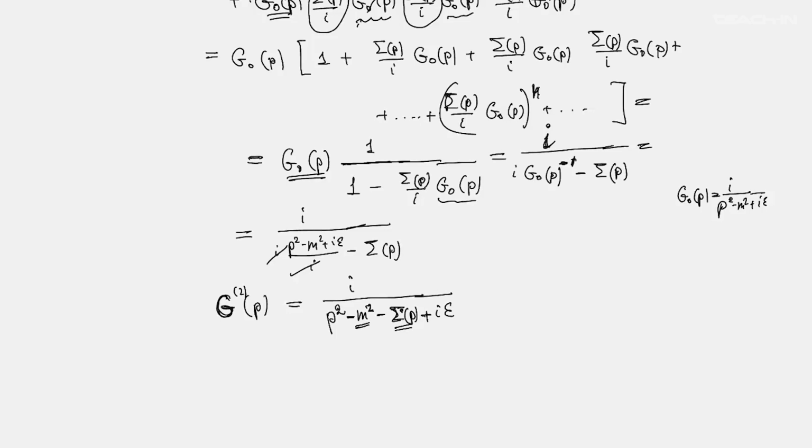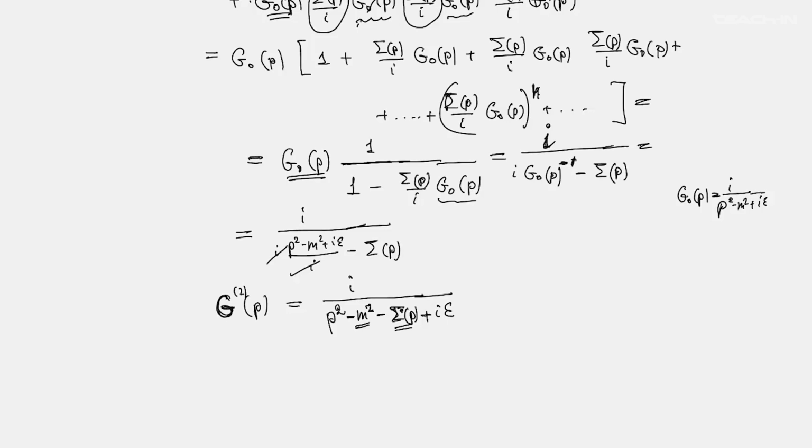It's called self-energy because its origin is due to the self-interaction of the phi-4 theory. It's a quantity which depends on the coupling constant, and it arises because of non-trivial interactions. That's why it's called self-energy.